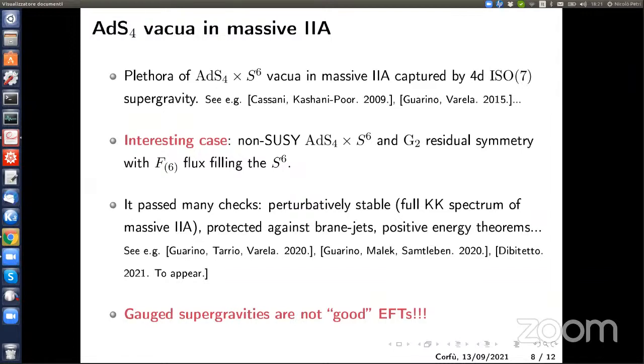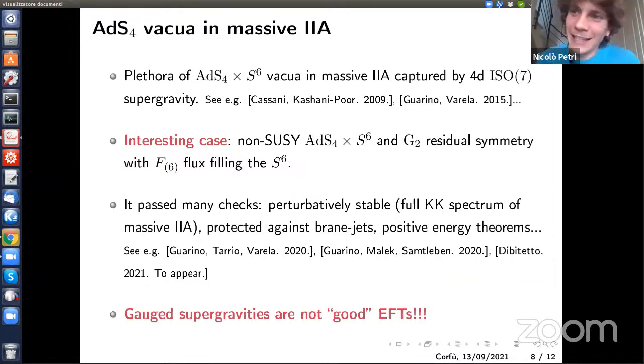A couple of questions. Very interesting, all this story. Is it correct to think that this corresponds in some dual perspective to a field theory on de Sitter? So in the particular case you discuss, a field theory on de Sitter 3? I cannot reply to you with a solid answer. I don't know.